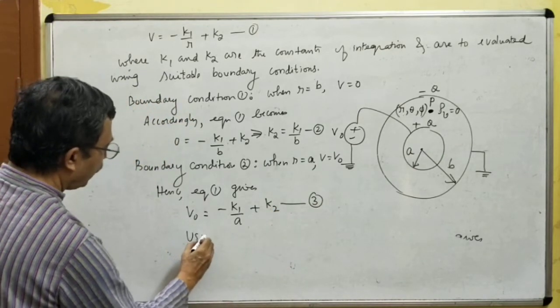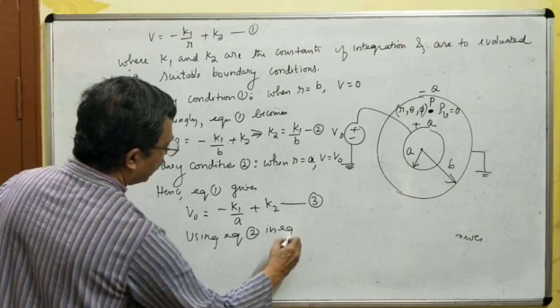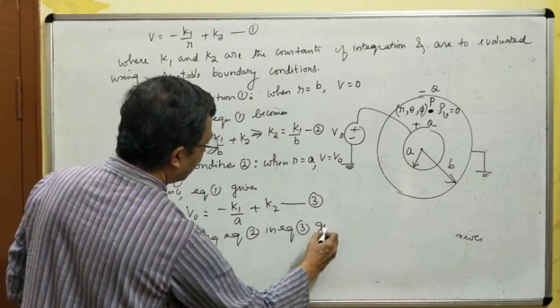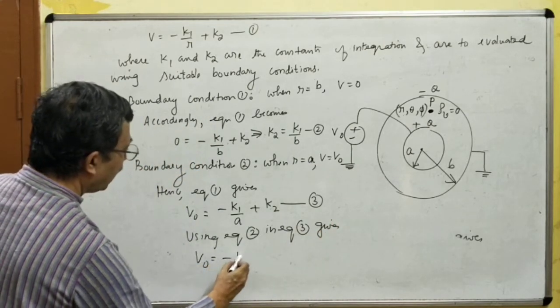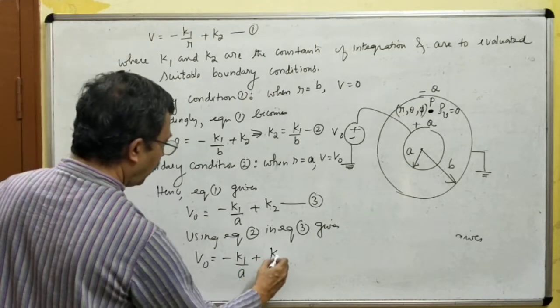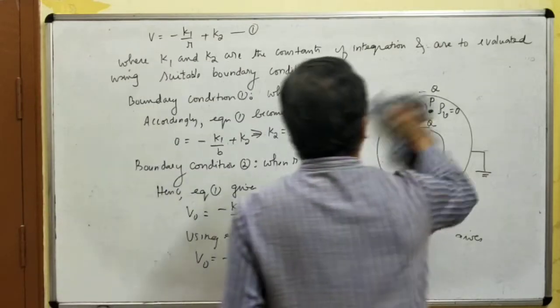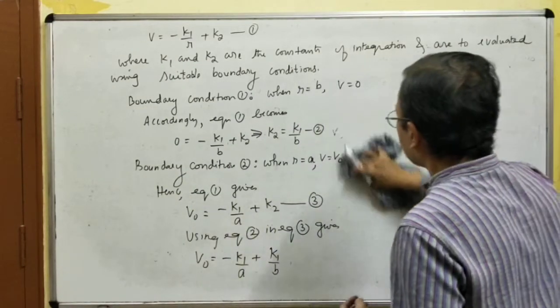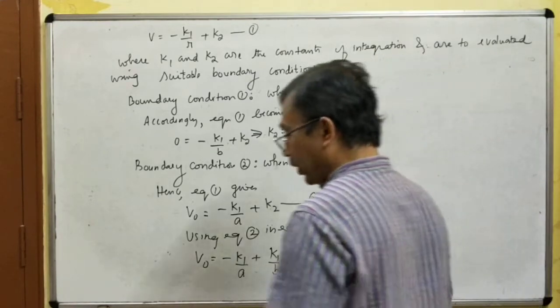Using equation 2 in equation 3 gives v naught is equal to minus k1 by a plus k2, and k2 is k1 by b.